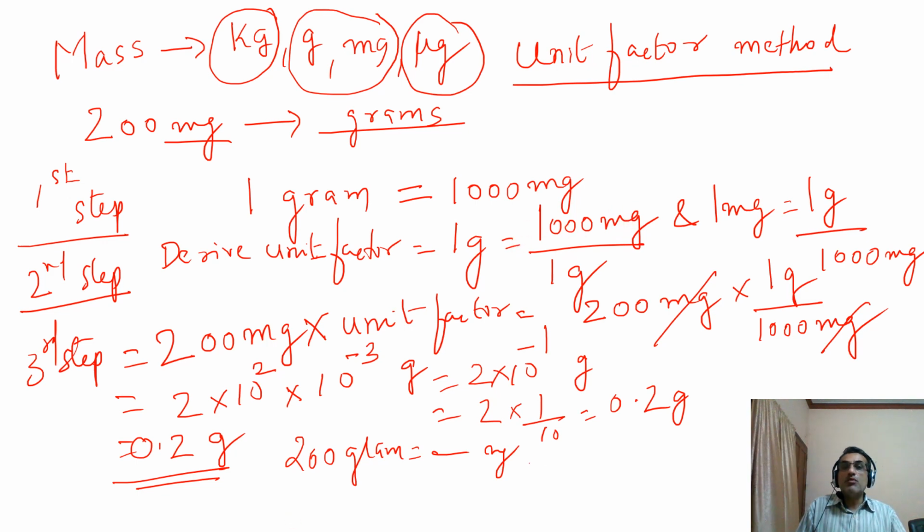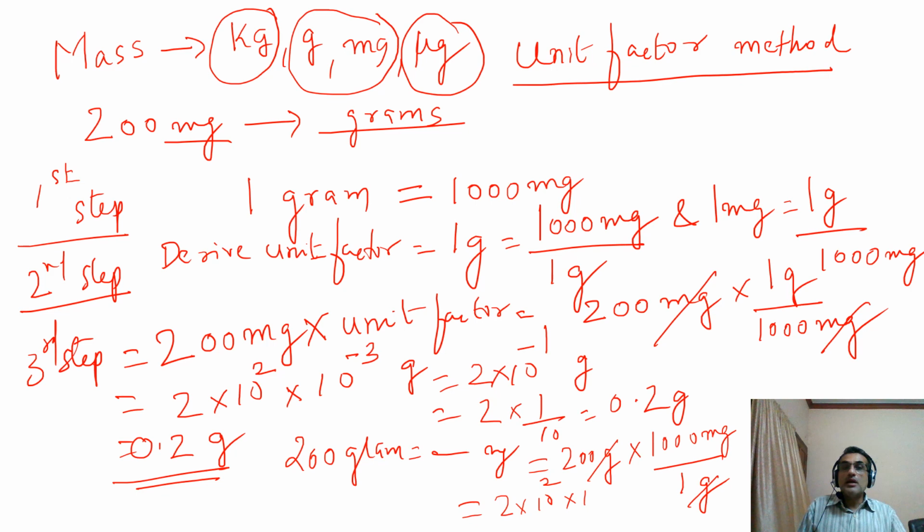So that will be equal to 200 grams into 1000 milligrams divided by 1 gram. Gram and gram will go. So that will be equal to 2 into 10 to the power of 2 into 10 raised to 3 milligrams. So that will be equal to 2 into 10 to the power of 5 milligrams.